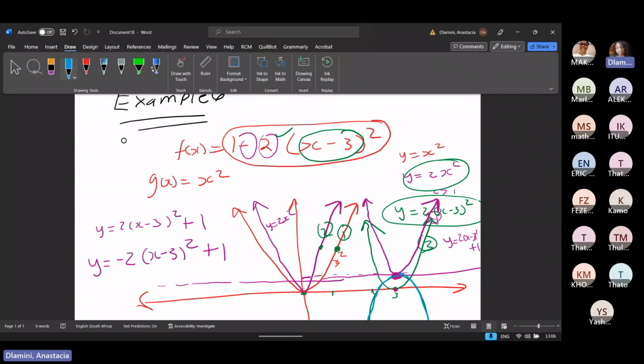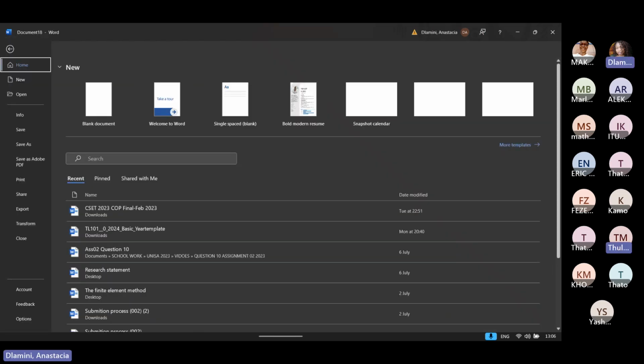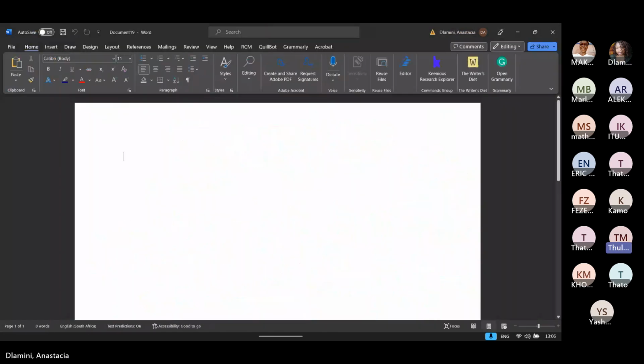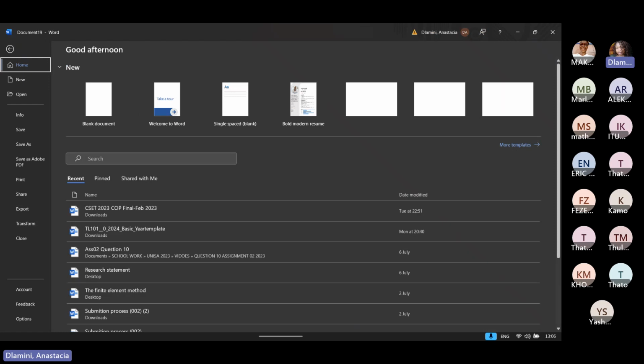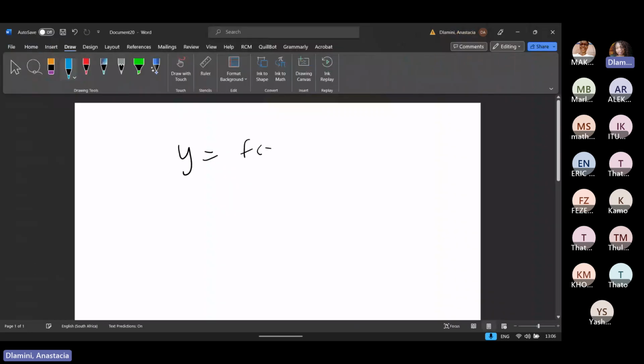So, odd and even functions. On page 205, they say if you are given a function y equals f of x, a function will be even if f of negative x is equal to f of x.